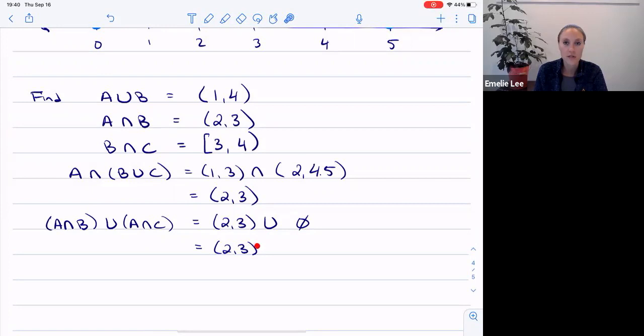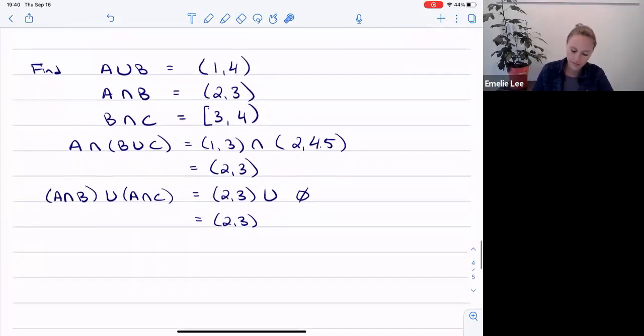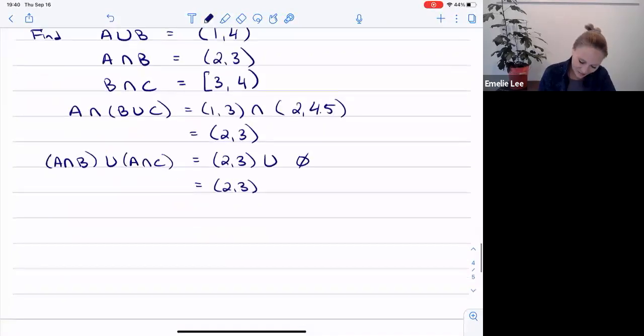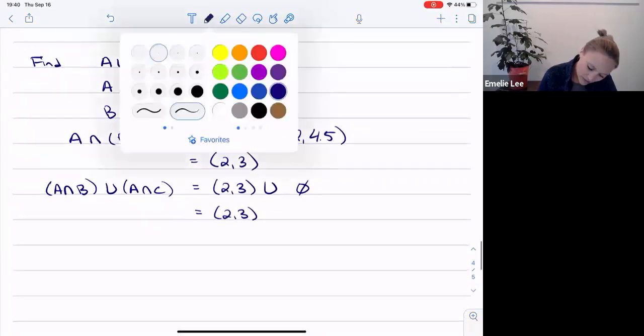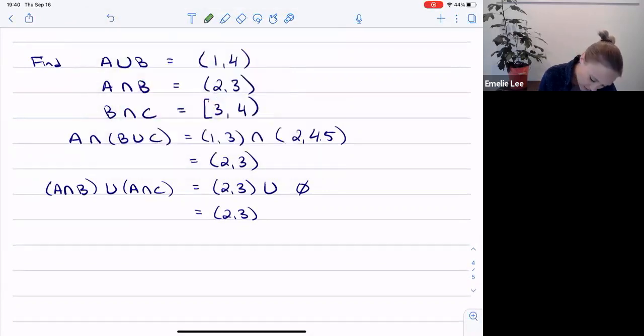These intervals are the same. And again, not a fluke, right? And we'll talk about the distributive laws next. Okay. In fact, right now, I guess. So here, let me see, do it in green.